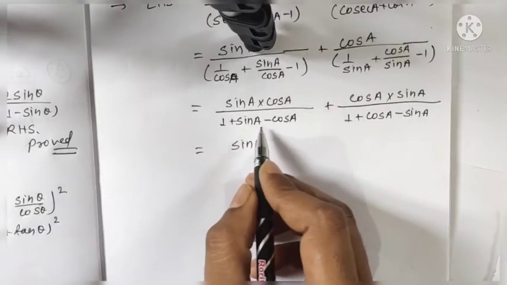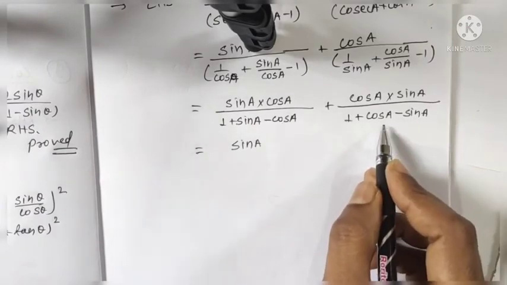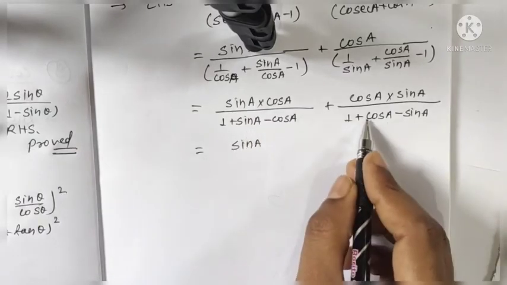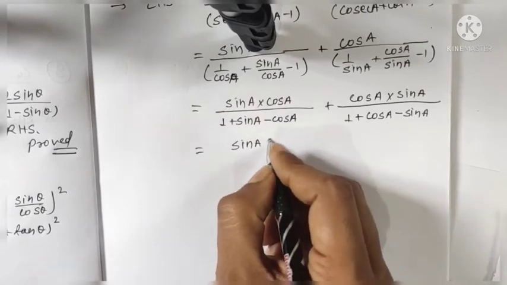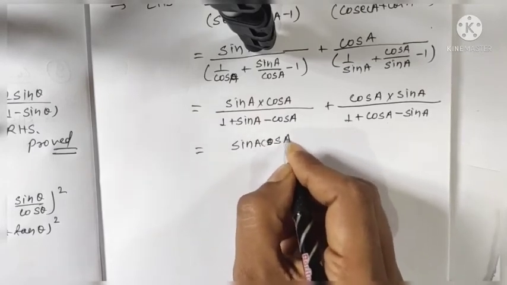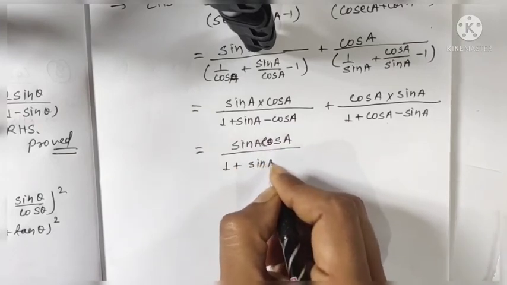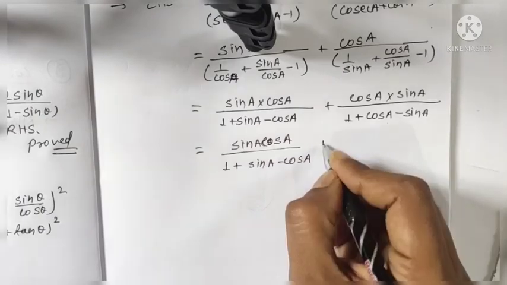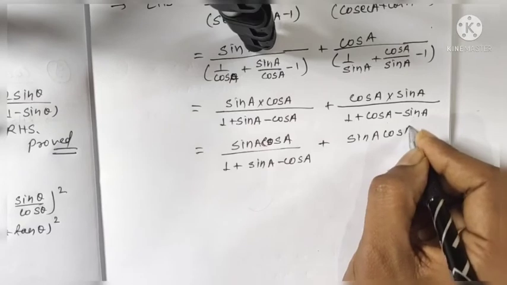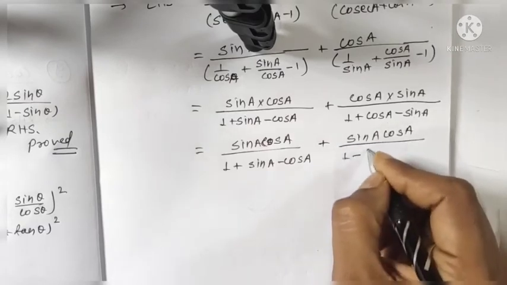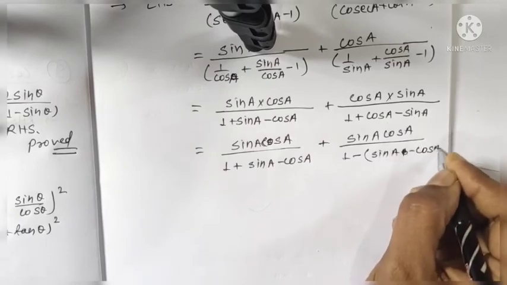Now just look at it: sin A is positive and sin A here is negative, and cos A is negative and cos A is positive. So we are going to take minus common from these two, then it will be the same as this. So it will be sin A cos A by (1 plus sin A minus cos A) plus sin A cos A by (1 minus sin A minus cos A).